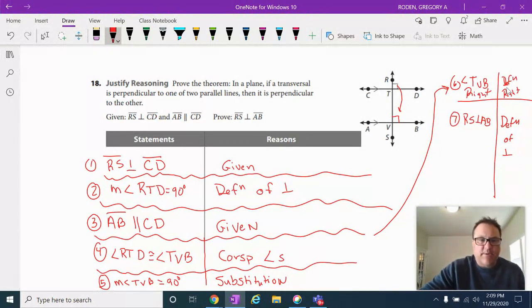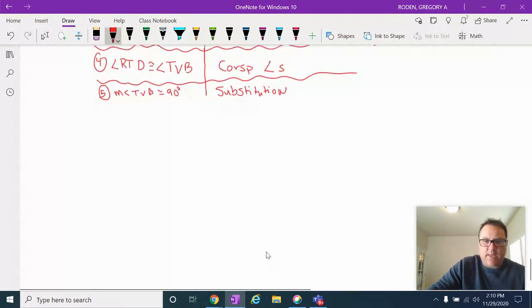And then we can say the measure of angle TVB is 90 because of substitution. If RTD is 90, then TVB is 90. And then we can say that angle TVB is right because it's 90 degrees. And then we can say it is perpendicular because the definition of perpendicular is when two lines form a right angle at their intersecting point. And we're done.